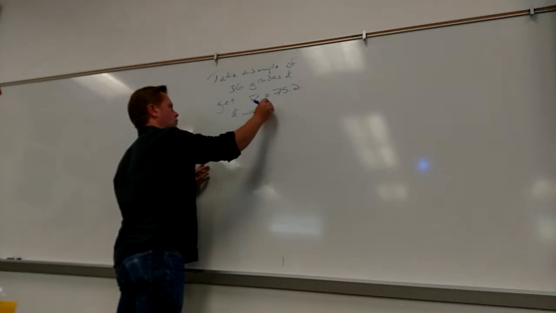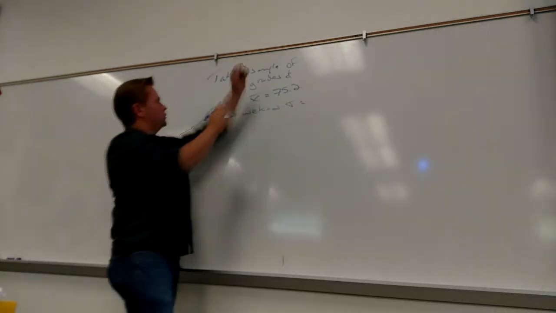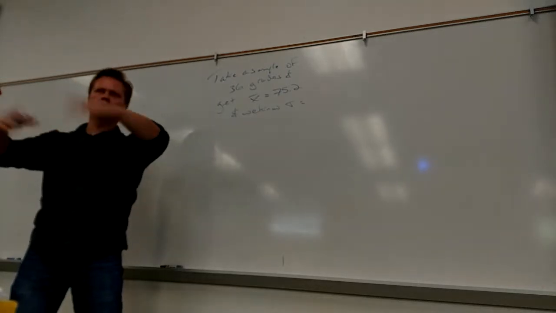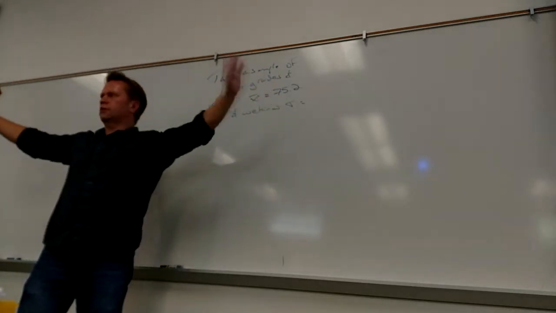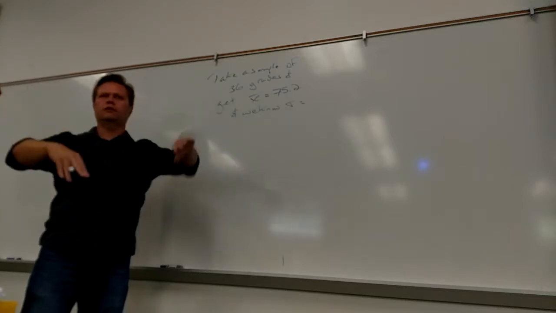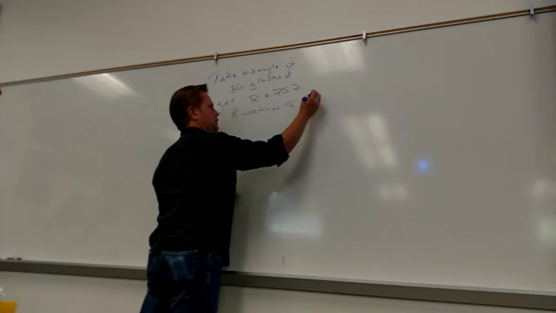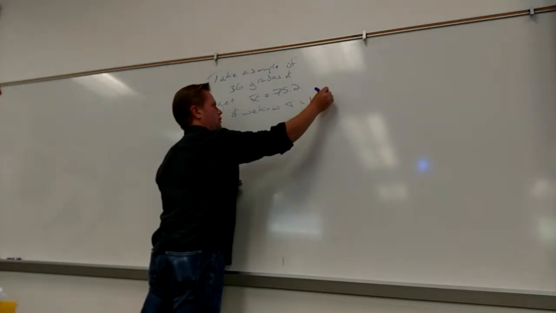We know sigma. So these are like grades from a course that's been running forever. So we already know what sigma is. We already know what the standard deviation is because we got tons of data already about that. So we take a sample of 36 grades. So we already know the standard deviation of these grades is 13.9.